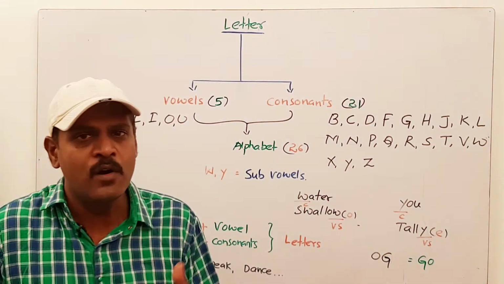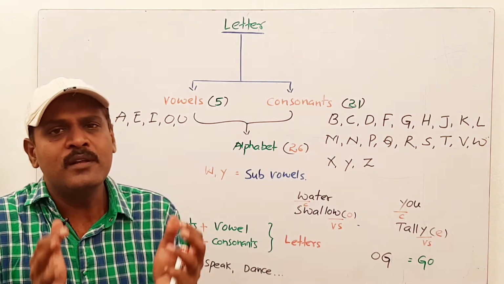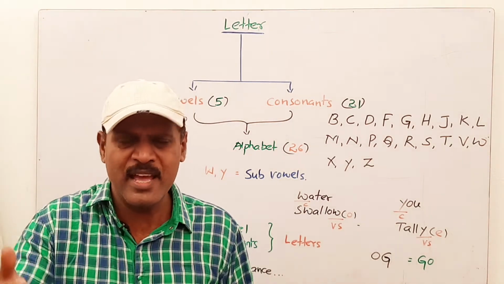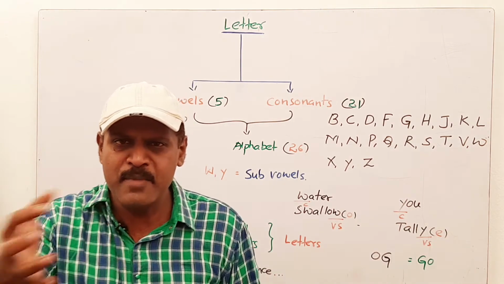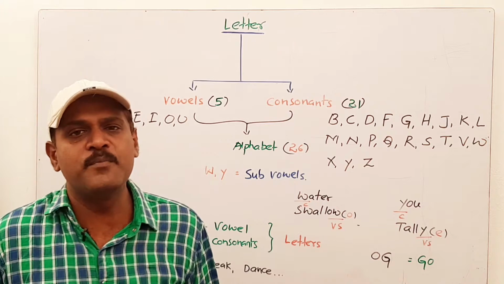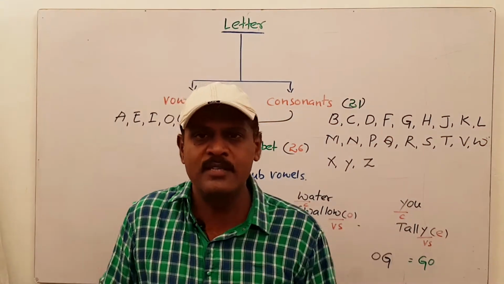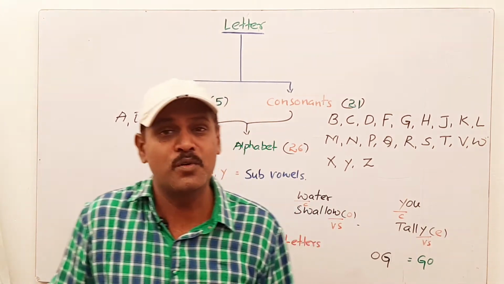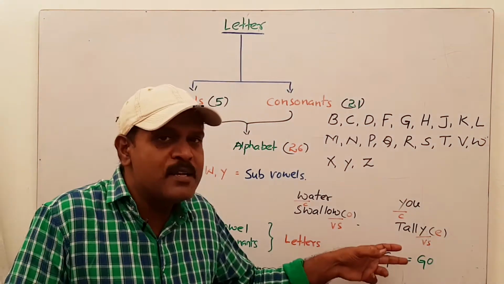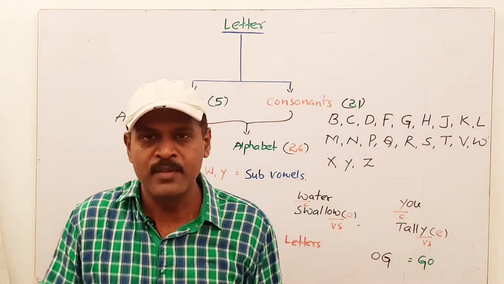Okay, let me show how words are formed. The word consists of letters. So if you write any letters, can they make a word? No, it's not possible. For example, I write two letters, OZ. Is it a word? No, absolutely not. But the same letters I use, go, that is a word. Why?